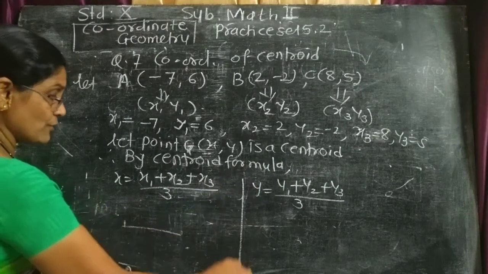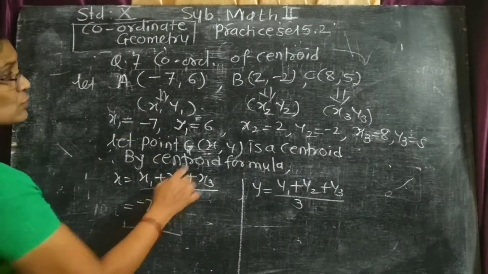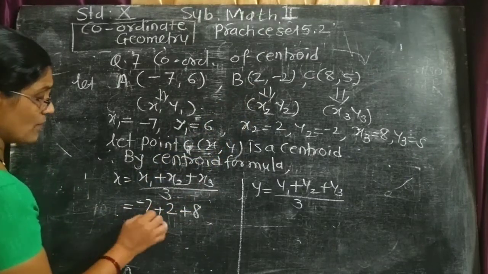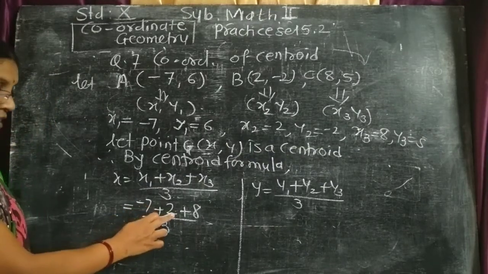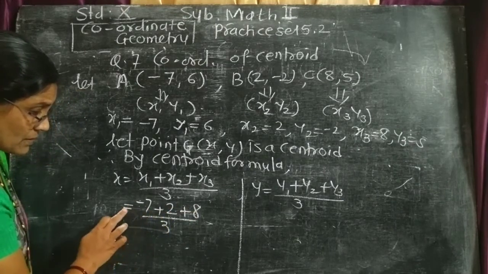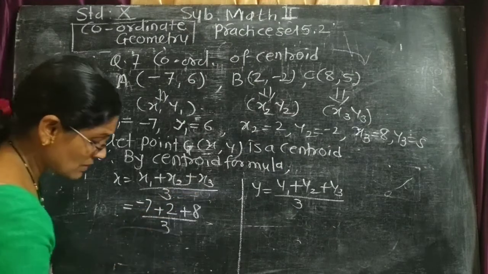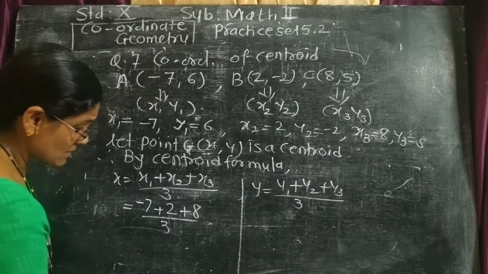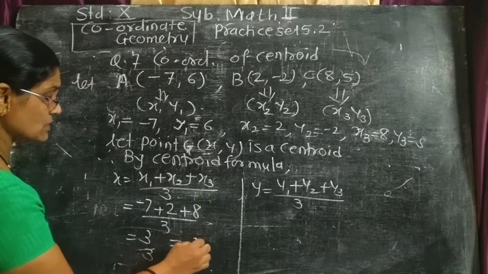Now we put in the values. x1 as minus 7, x2 as 2, and x3 as 8, upon 3. Minus 7 plus 2 is minus 5, plus 8 means 3 upon 3, that is equal to 1.